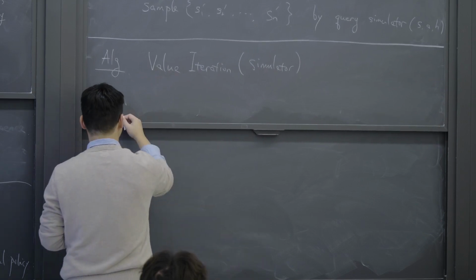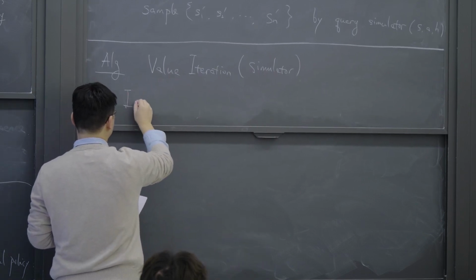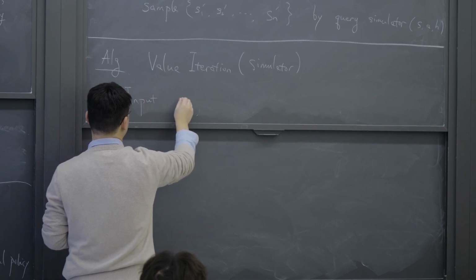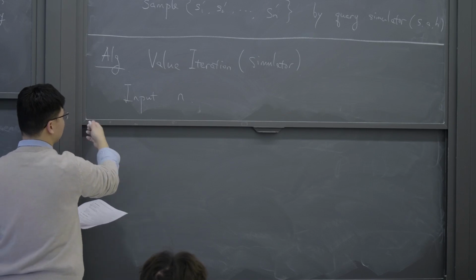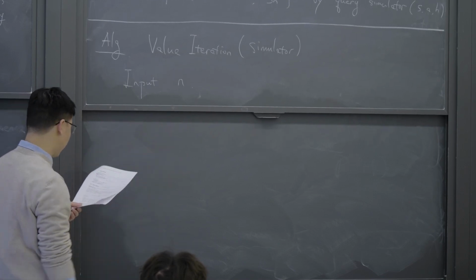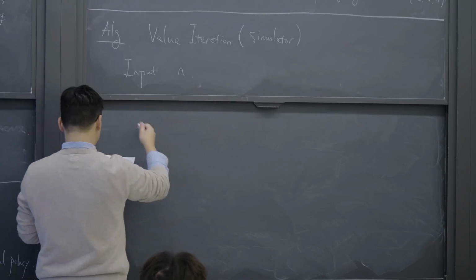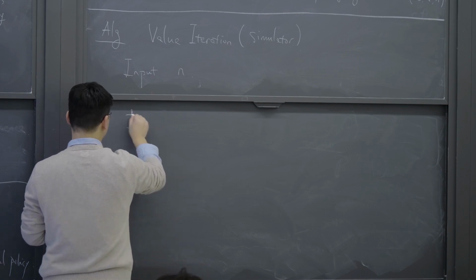So the user needs to specify what is this n, how many samples we need to collect for each state action pair. And then the algorithm will run as follows.